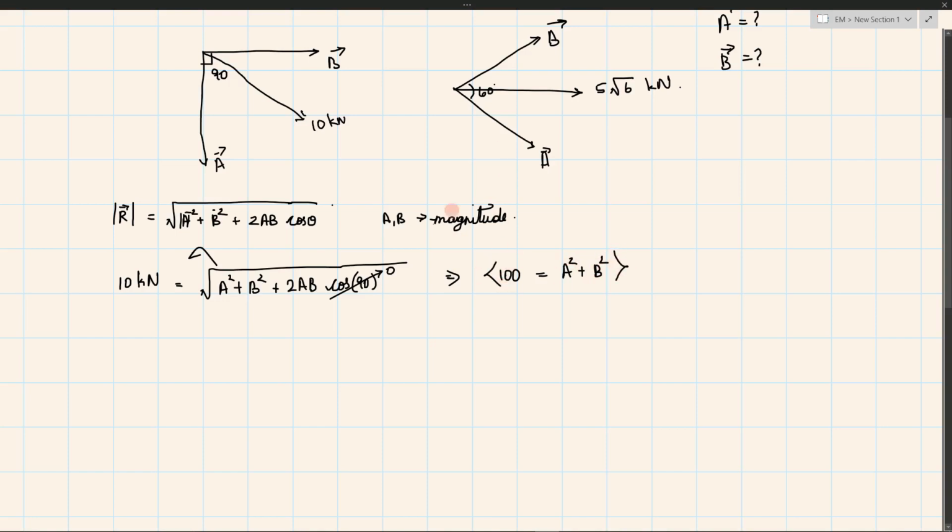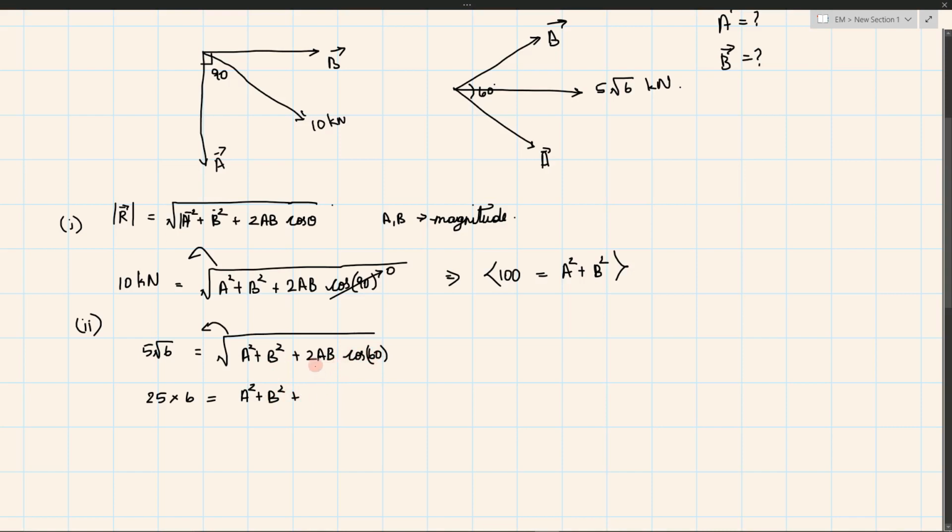Now we'll consider the second case. The magnitude 5 root 6 is equal to the square root of A square plus B square plus 2AB into cos 60 degree. If I shift this square root to the left hand side, I'll have 25 into 6 is equal to A square plus B square plus AB, since cos 60 is 1 by 2.